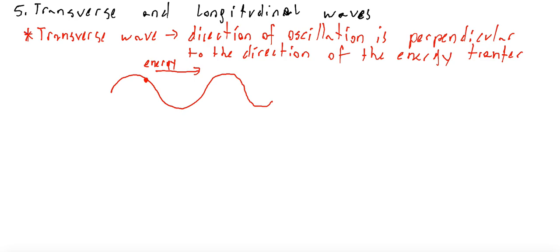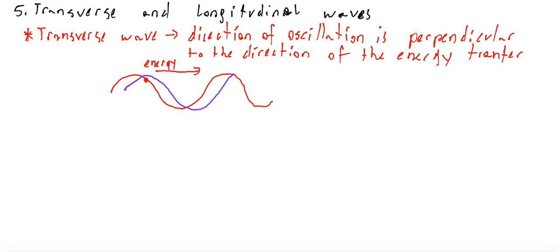I can plot the wave a second later. A second later it will be displaced to the right. But it doesn't mean that objects at the surface of this wave move to the right. It means that all energy travels to the right.